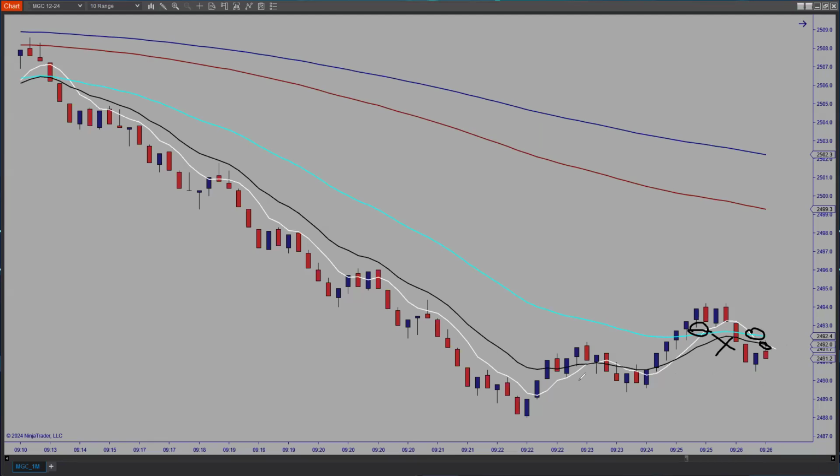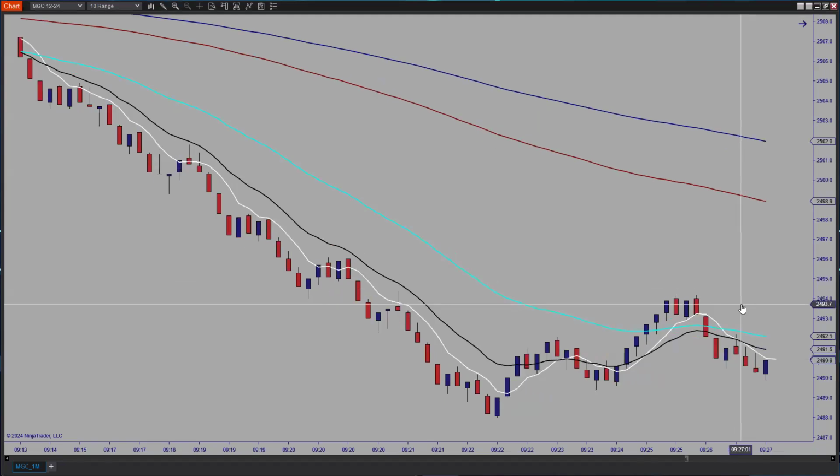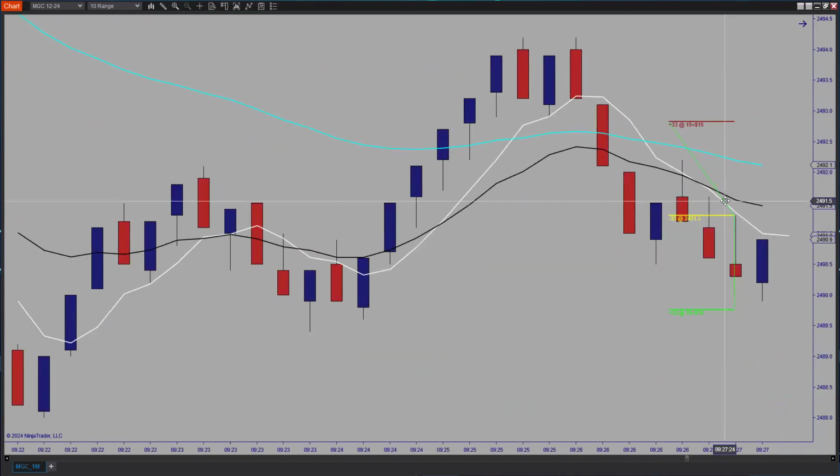The 5 and 13 cross right here, kind of on that bar. I don't know that you would really want to trade it right there. Might miss it. So that would be the trade actually right here. And then 15 ticks is the minimum. Actually, it never tagged. Still hasn't tagged.